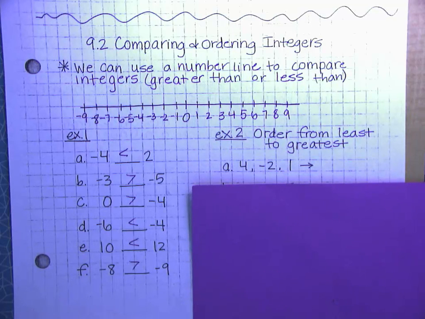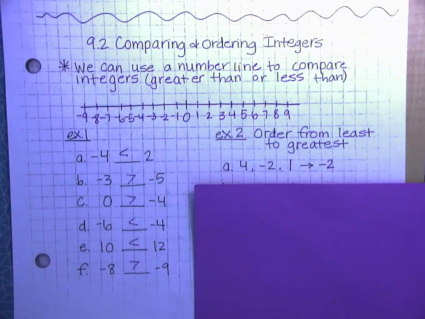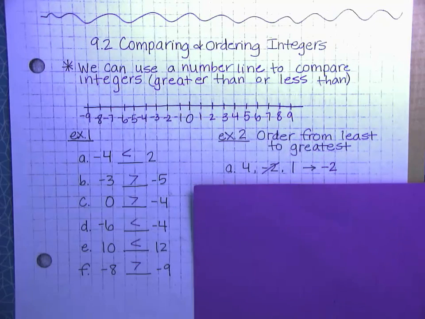We want to order them from least to greatest. Raise your hand if you can tell me which one is going to come first. Which is the smallest integer we're going to put first? -2. You can even cross them out once you put them in order. What's going to come after -2? What's the next bigger number?